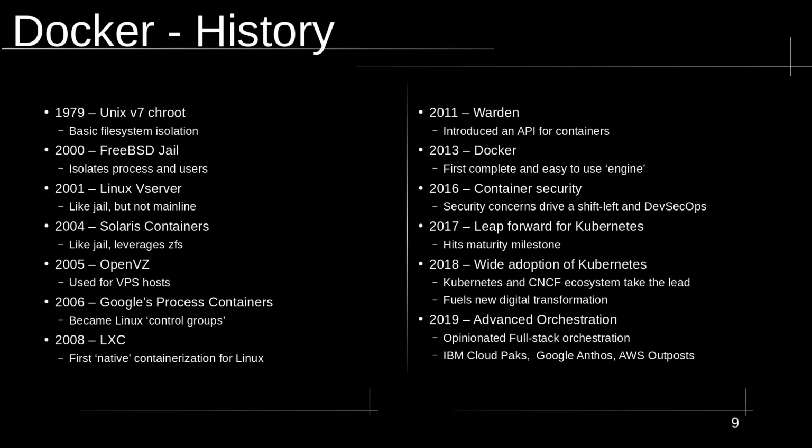So IBM's own Cloud Paks, as well as Google Anthos and AWS Outposts, they're all sort of playing in that space of layering services and utility on top of Kubernetes. And Red Hat's OpenShift is a big part of that. So anyway, that's a little bit of how we got here. It's actually been a really long journey, but it has picked up speed massively in the last few years.